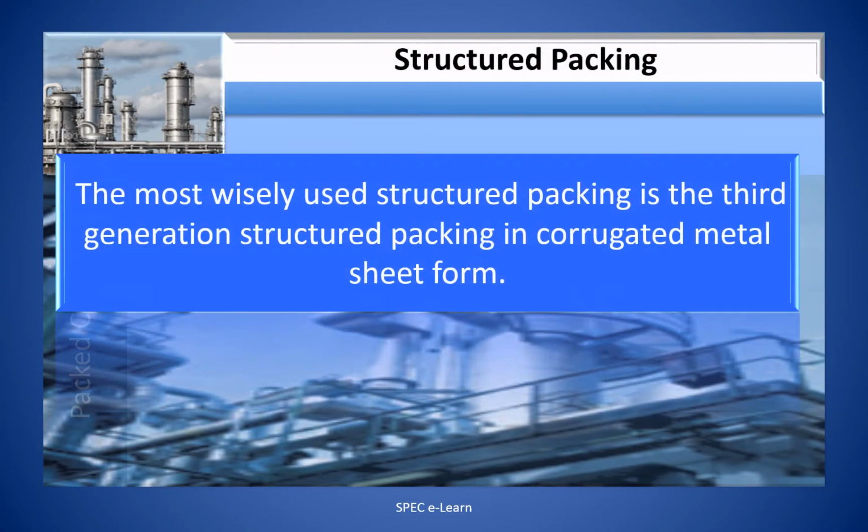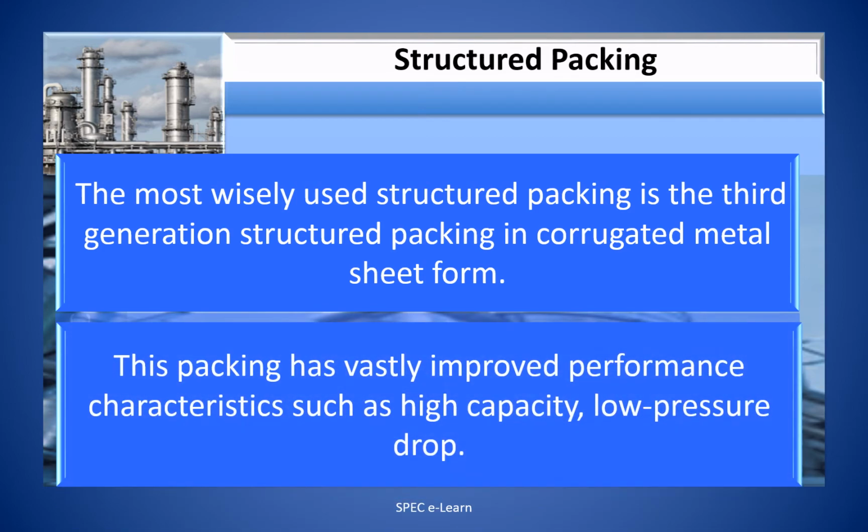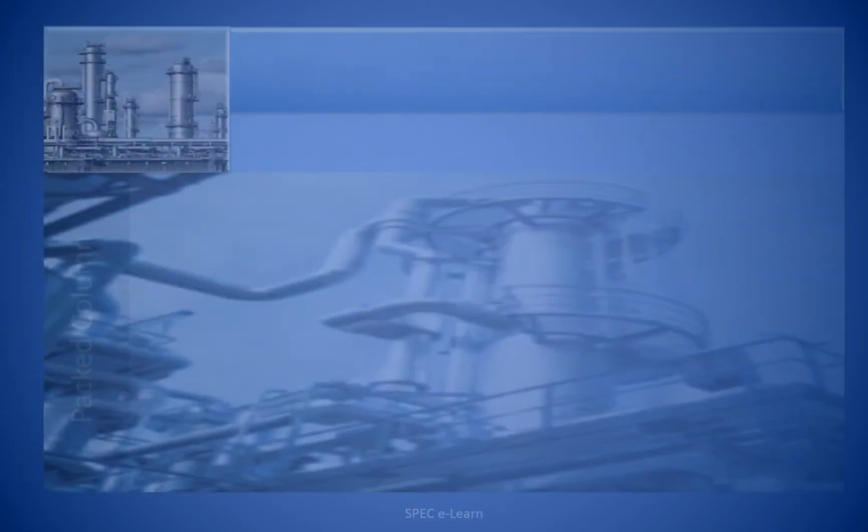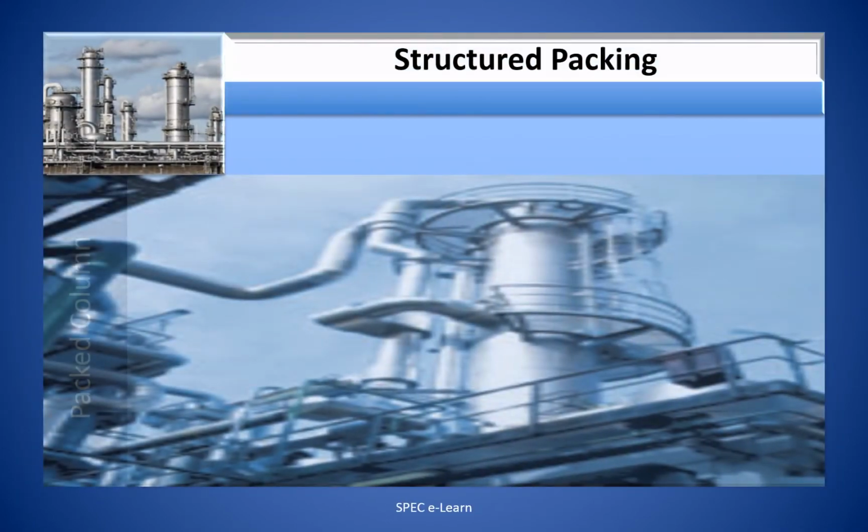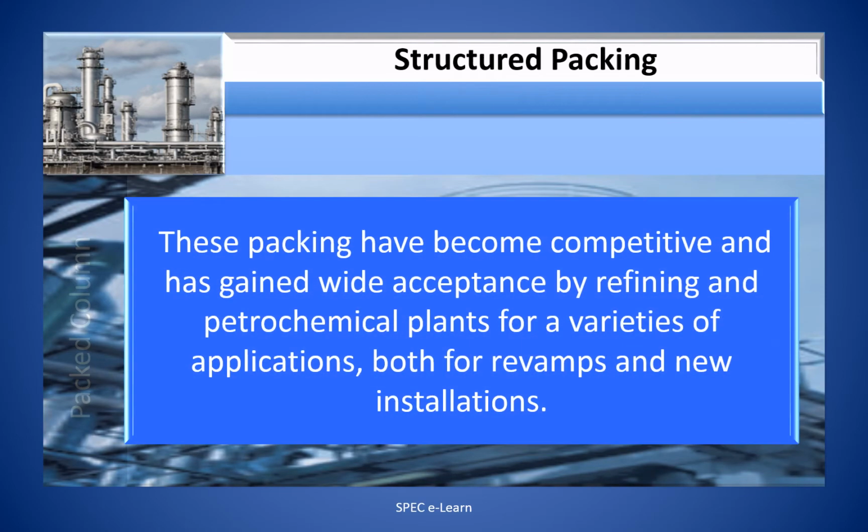The most widely used structured packing is the third generation structured packing in corrugated metal sheet form. This packing has vastly improved performance characteristics such as high capacity and low pressure drop. These packings have become competitive and have gained wide acceptance by refining and petrochemical plants for a variety of applications, both for new installations and for revamps.